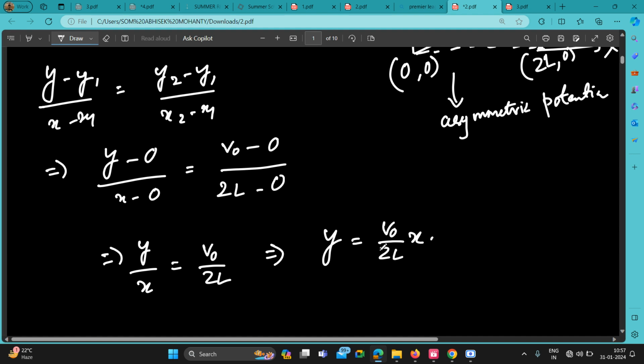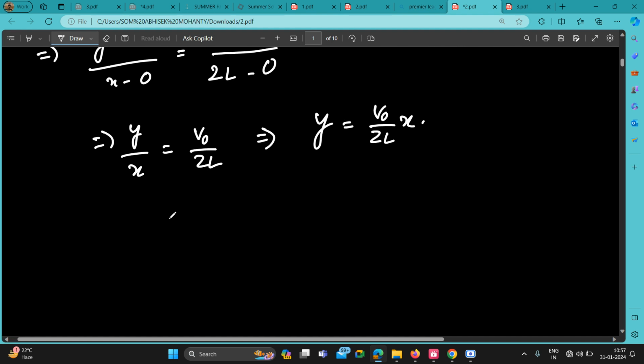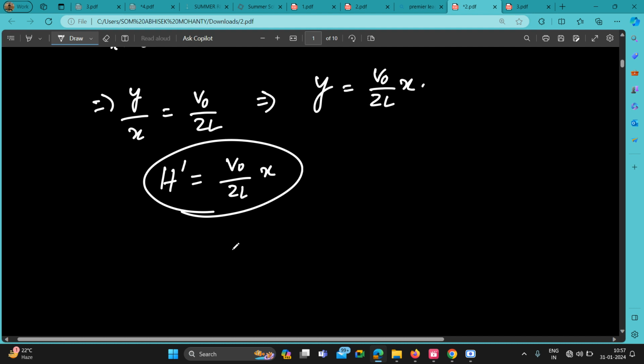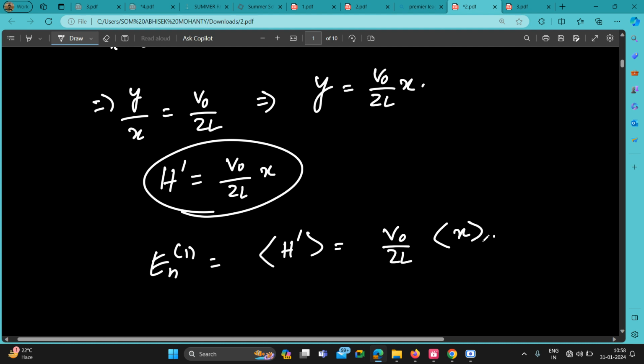This is your y, and y is actually your perturbation. H dash equals V naught by 2L into x. If that's the case, what will be the first order correction in the energy? E_n^1 is equal to the perturbation expectation value, V naught by 2L times the expectation value of x.